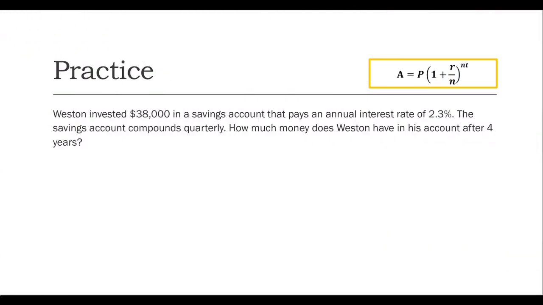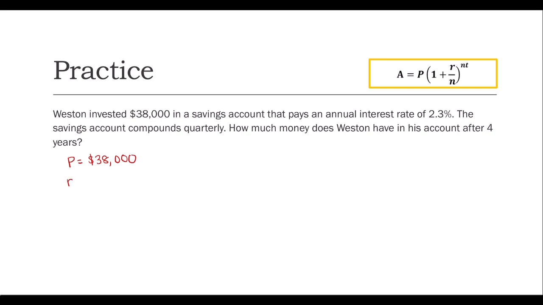So here we have a problem that says Weston invested $38,000 in a savings account that pays an annual interest rate of 2.3%. The savings account compounds quarterly. How much money does Weston have in his account after 4 years? So let's start by figuring out what our variables are. Our principal amount, or our initial amount, is $38,000, because that's how much Weston is investing.